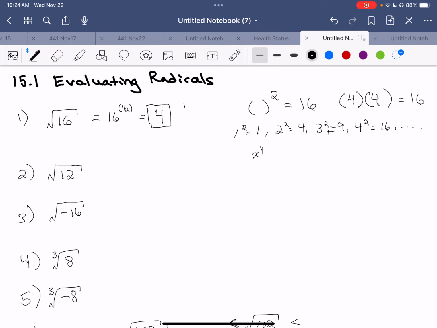This 4 is a rational number. Some of the questions will ask if the number is rational or not, rather than just the answer. Square root of 12: 12 is not a perfect square. So if I do square root of 12, I will get a decimal. Let's put that in the calculator. This is 3.464.